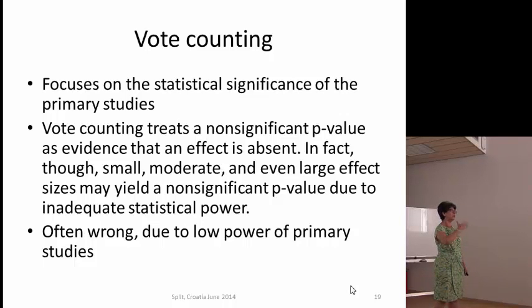And we know that we can get small or moderate effects that are non-significant just because we ran our study on too few subjects and we didn't have sufficient statistical power to reach significance. So the bottom line is that vote counts, for one thing, often are wrong because the primary studies had low statistical power.